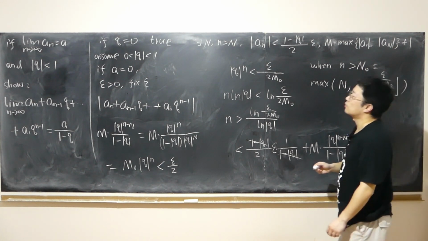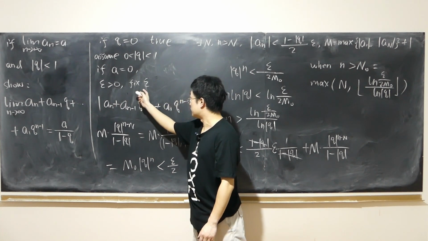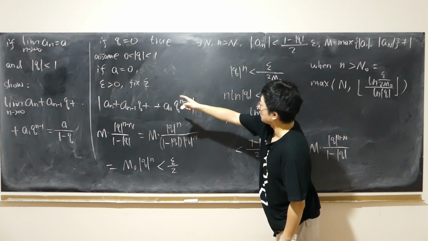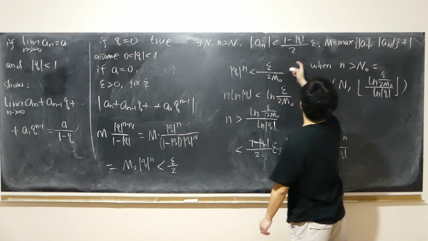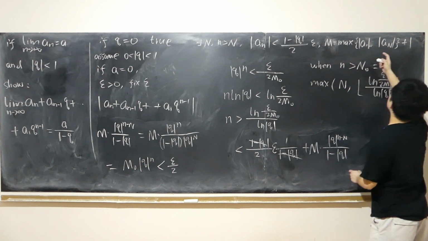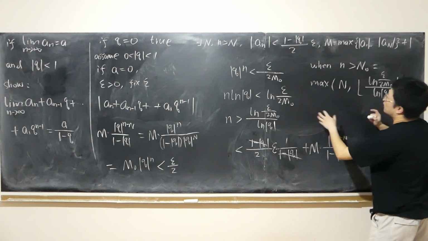So remember, epsilon is any given positive number. Once given, we fix it. Then we found a capital N that's dependent on this fixed epsilon. Then we found capital M, which is dependent on the capital N. Of course, it's strictly positive.